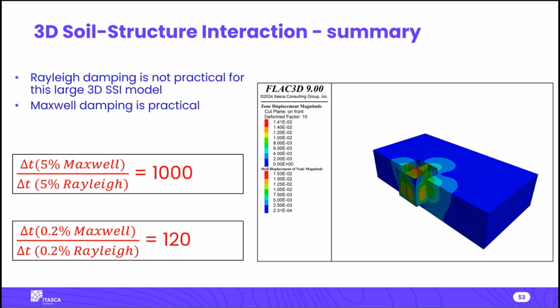If we assume 8 hours for Maxwell damping, then for Rayleigh damping it is more than 300 days. Even for a very small target damping of 0.2%, the difference would be a factor of 112.